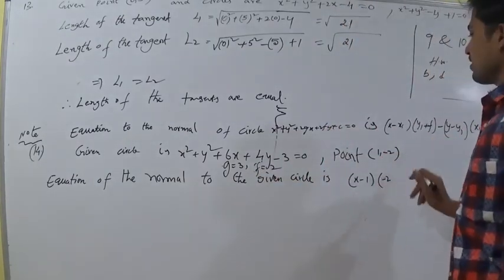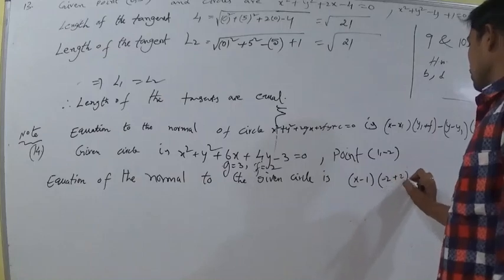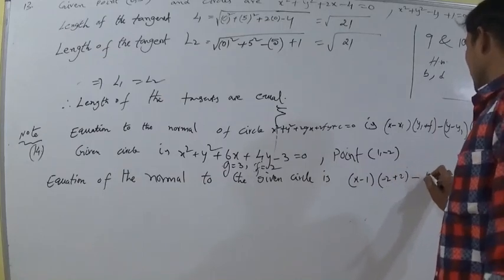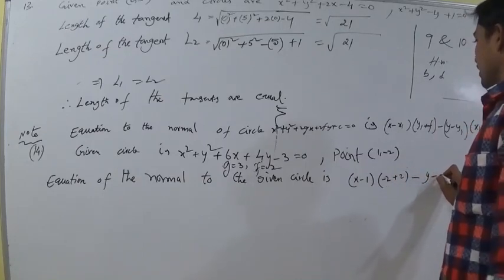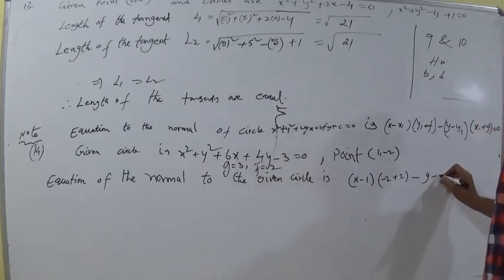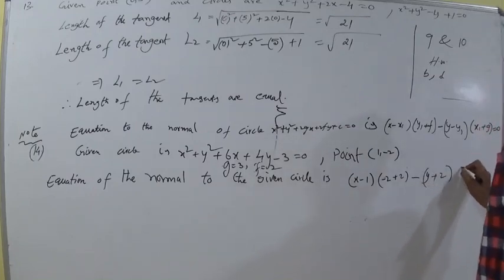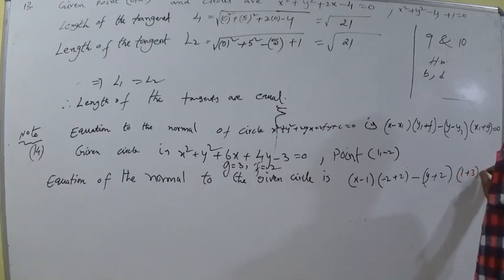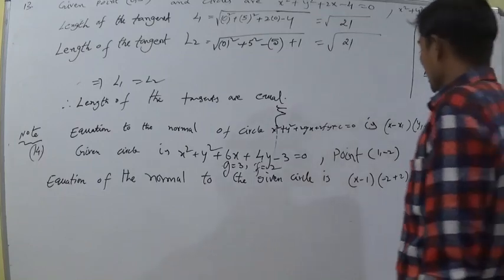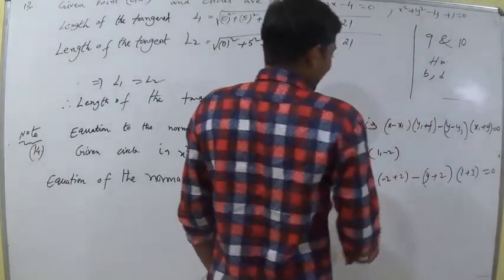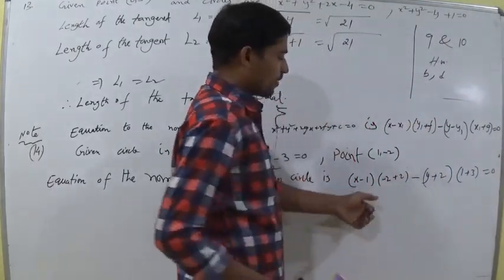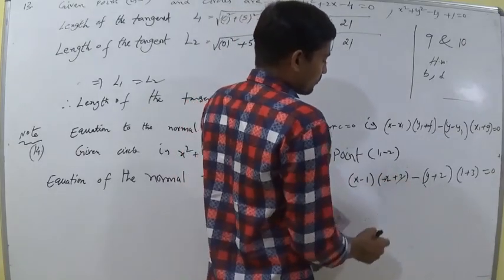So y1 plus f is 0 now, minus (y minus y1), minus of minus becomes plus, and x1 plus g is 4, equal to 0. Now the first term vanishes, since minus 2 plus 2 becomes 0.